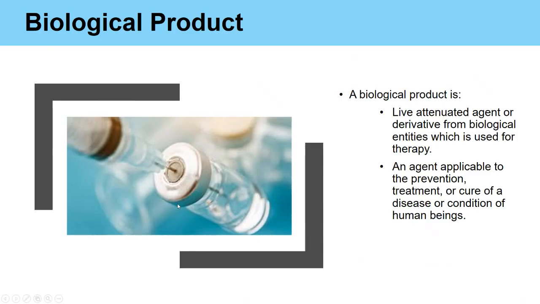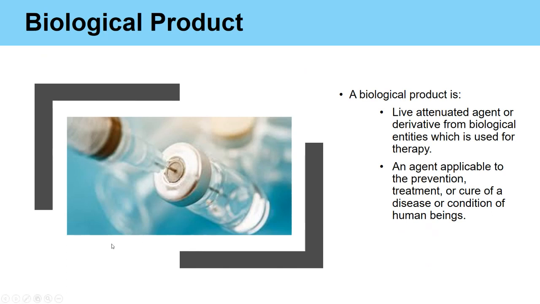Now we'll talk about what a biological product is. It can be a live attenuated agent or derivative from biological entities which are used for therapy. It is an agent mostly applicable in the treatment, prevention, or cure of a disease or condition of human beings. That can be called a biological product, which is within the definition of the drug.